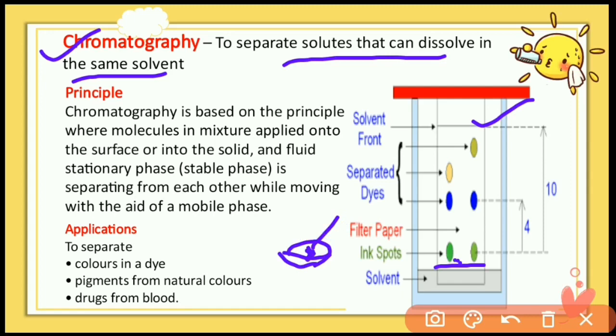Repeat this process 3 times. Then dip this chromatography paper in a gas jar in which the solvent is present, it may be water or 5% alcohol, and take care that the drop of ink does not dip in the solvent.